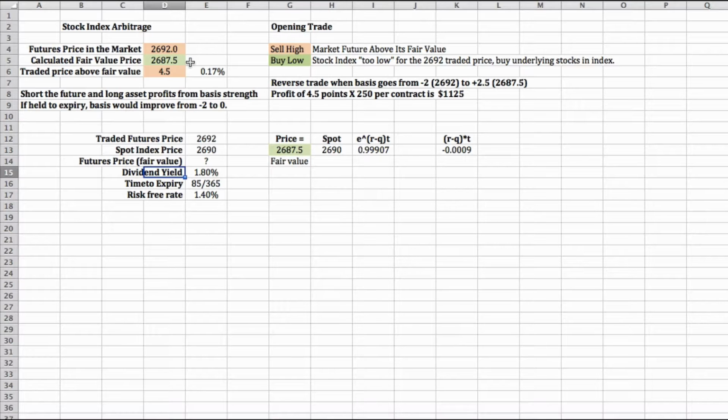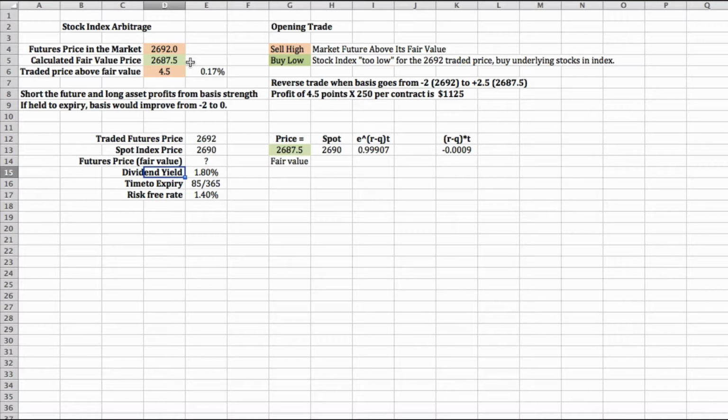We calculated a fair value of 2687.5. So the future in the market is clearly trading above its fair value and is overpriced. If we're overpriced by only 1 or 2 points, probably no arbitrage would occur. Transaction costs and trading pressure would prevent that trade.